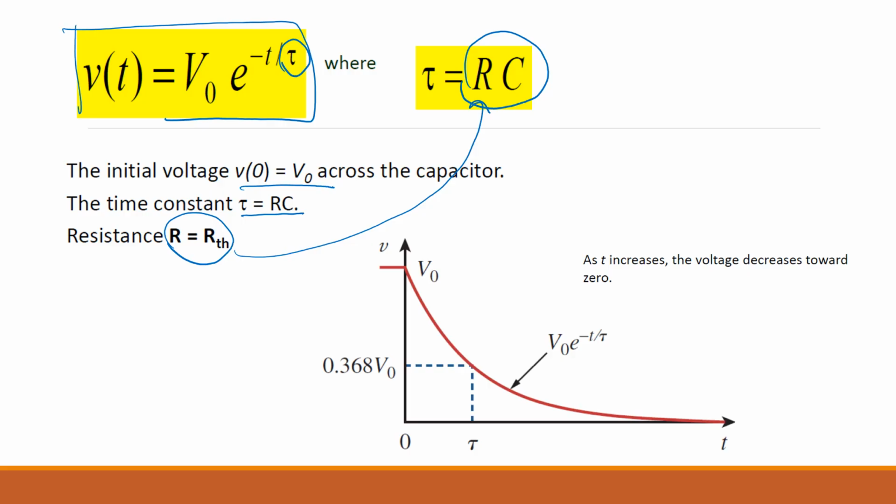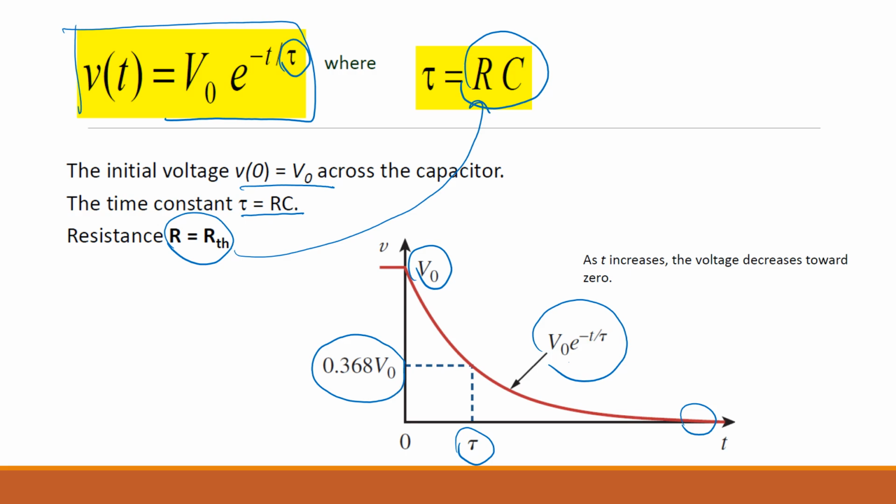At the beginning you have a V naught voltage, and it goes to 0 as the time goes to infinity, and this chart is V naught e to the power negative t over tau.